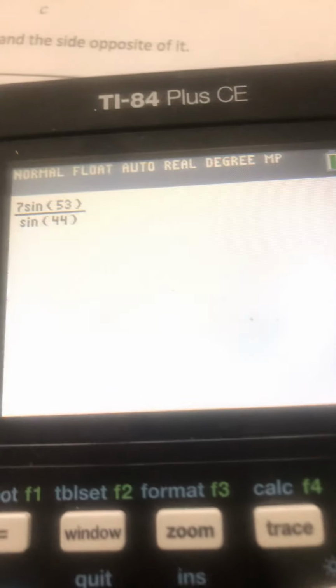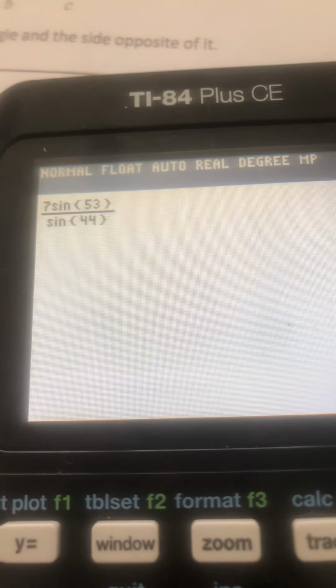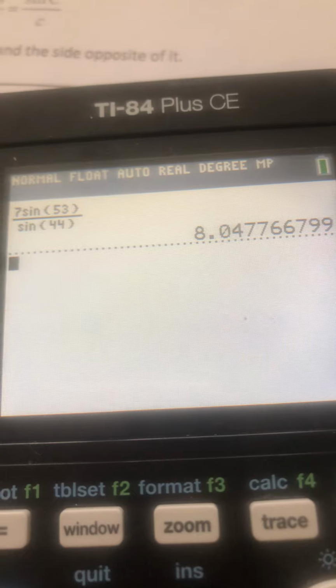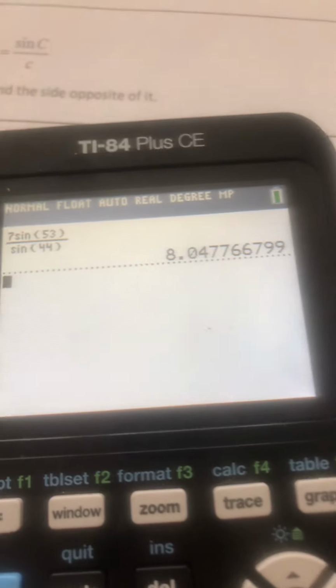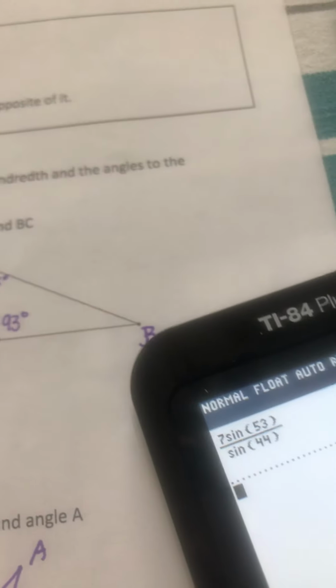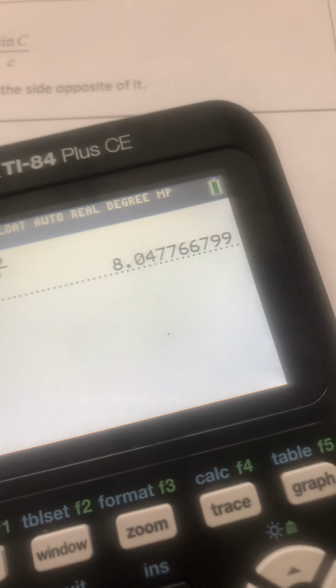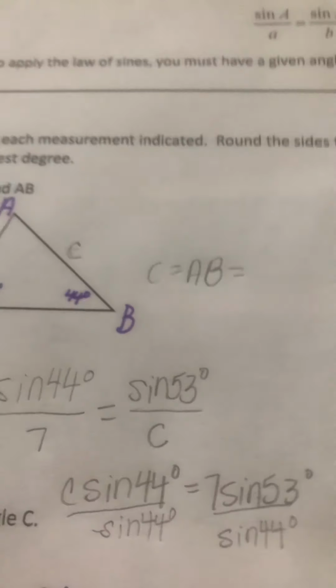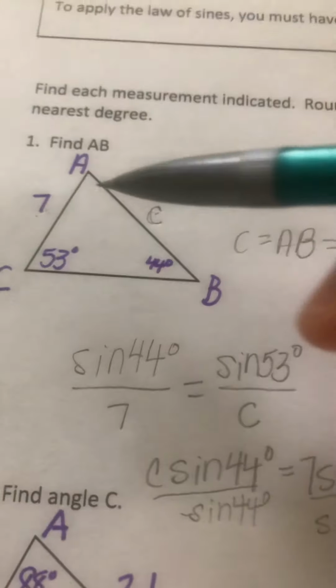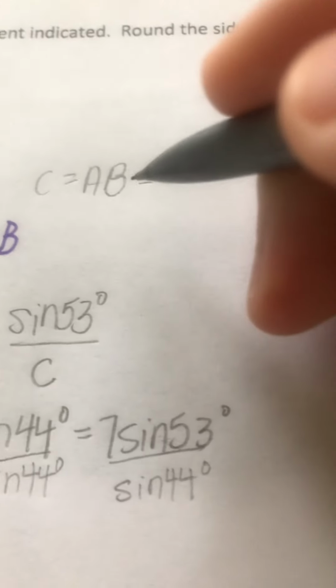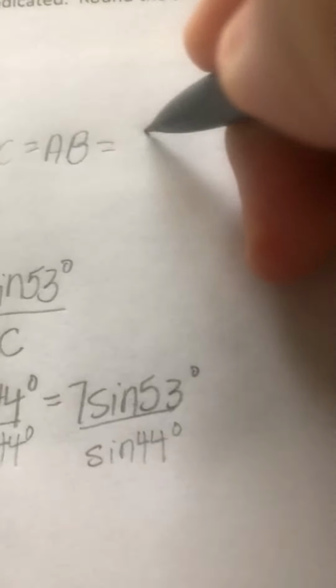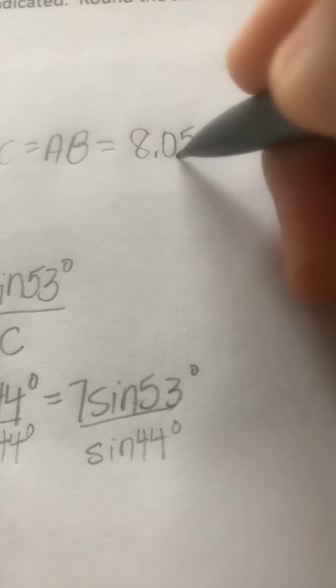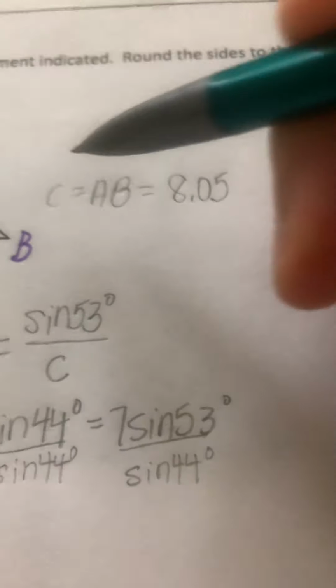There's what my calculator looks like. How are we rounding? The nearest hundredth, so 8.05. I put little c there. It's also AB, so c equals AB, and it equals 8.05. And that's it.